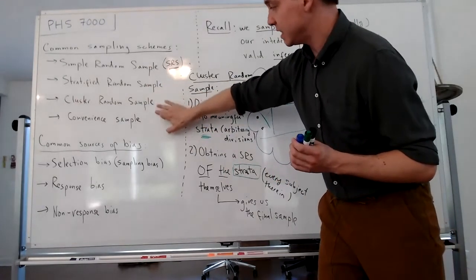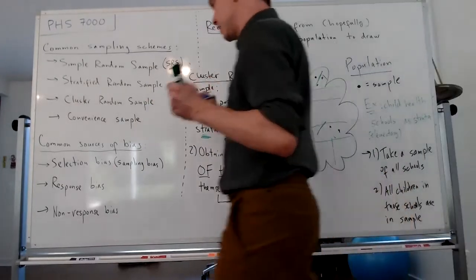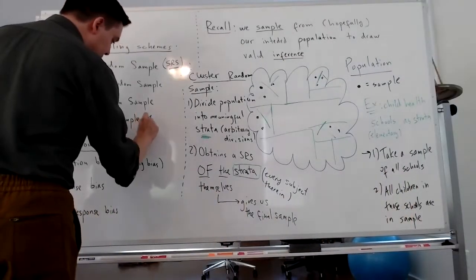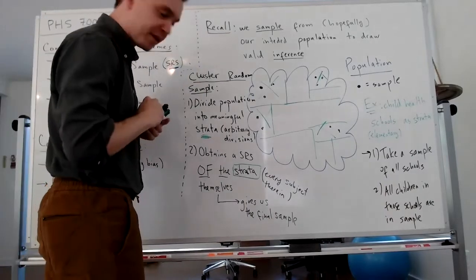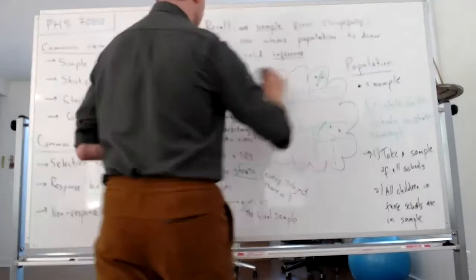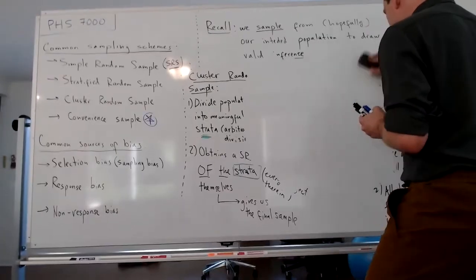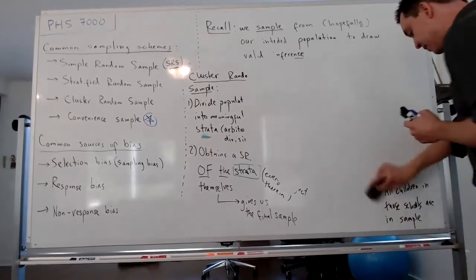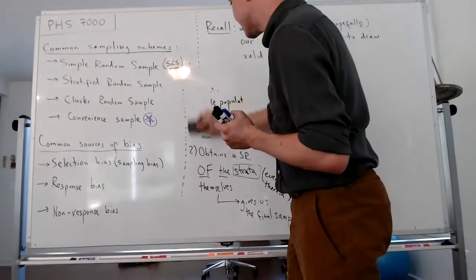So this last one, I only list it as its own category because I've actually only recently seen a few studies claim they're using a convenience sample. So a convenience sample, well, it's kind of exactly what it sounds like.